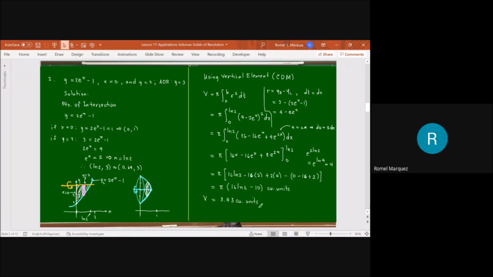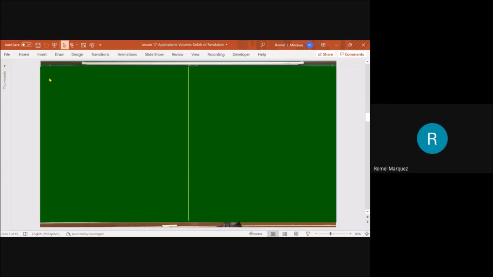Let's have this one, number 3. We have y is equal to sine x.